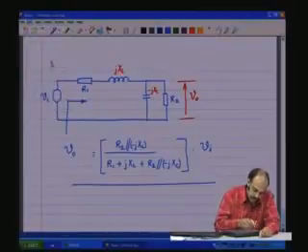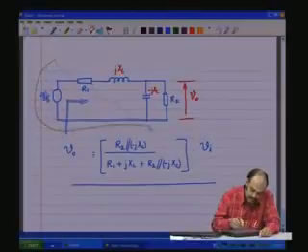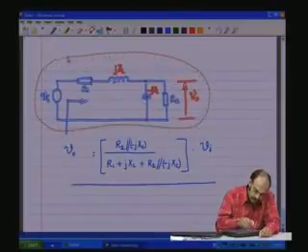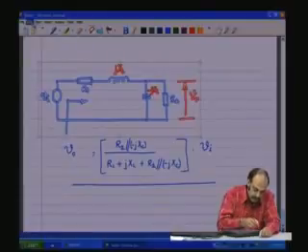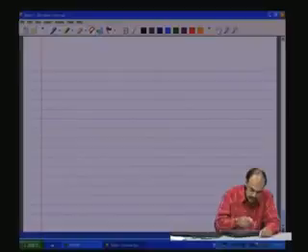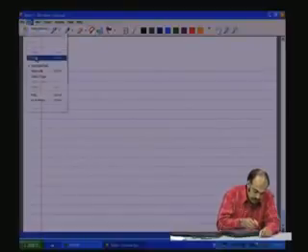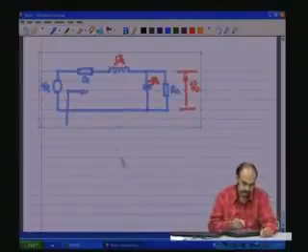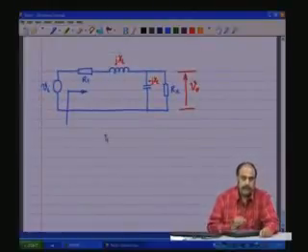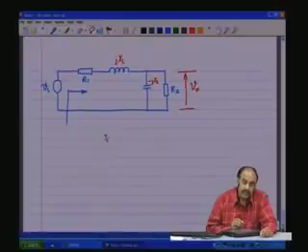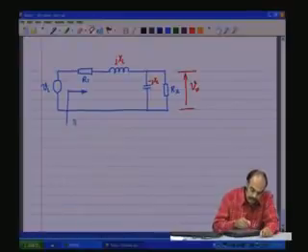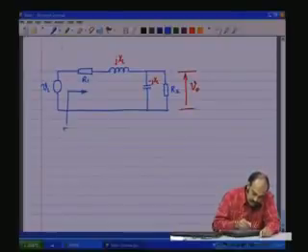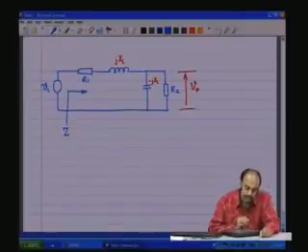Let us say we take that circuit, copy, go to the next page, let us paste, push this a bit above. So, let us say we have the circuit here, we need to find what is the impedance as seen from here.